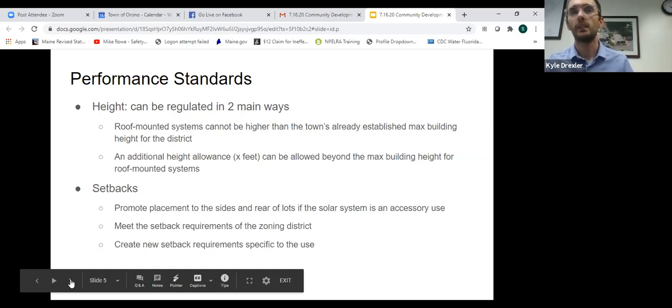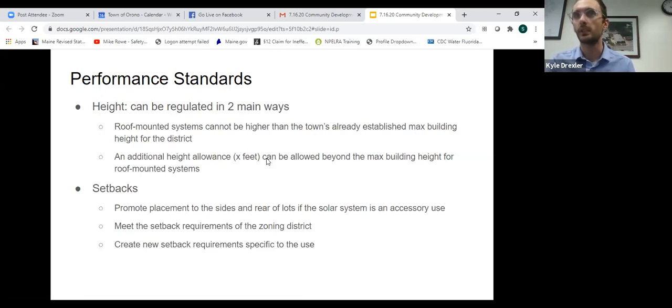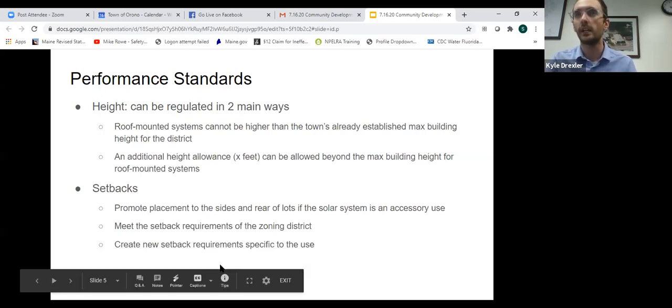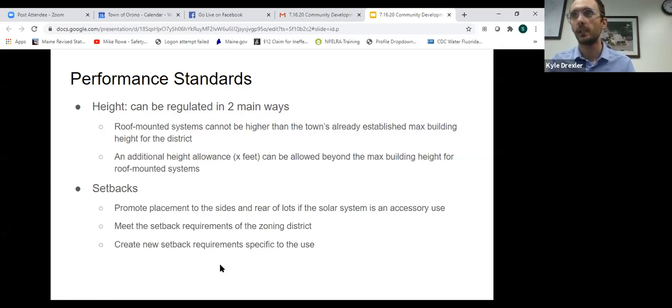Height can be regulated in a couple different ways. This is looking mostly at roof-mounted systems. We already have a maximum building height in all of our zoning districts. In most residential districts it's 35 feet, and in the commercial districts it's 45 feet, and can go up to 50 with site plan approval, I think.